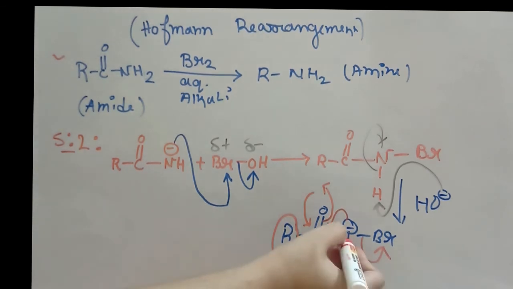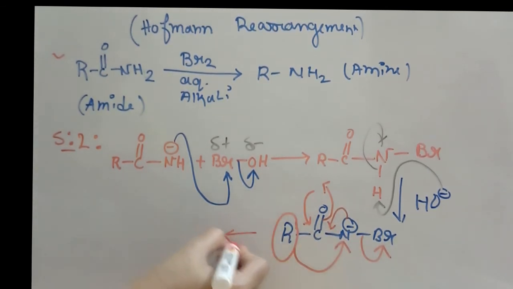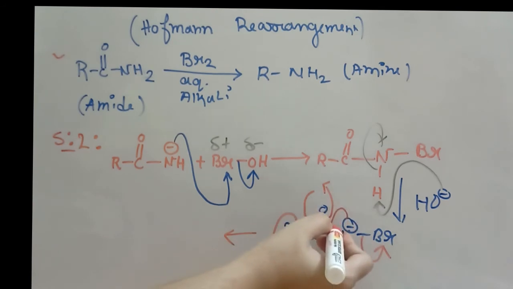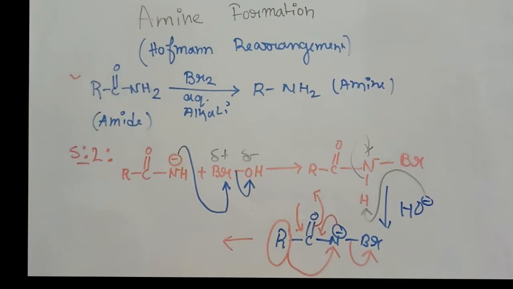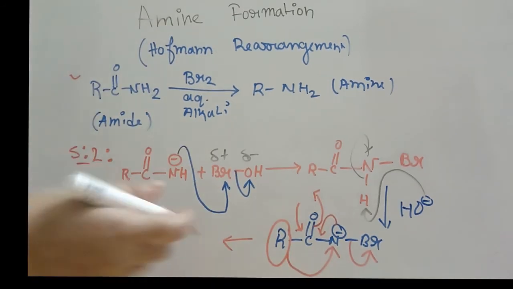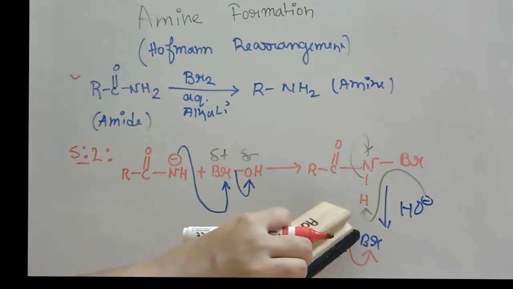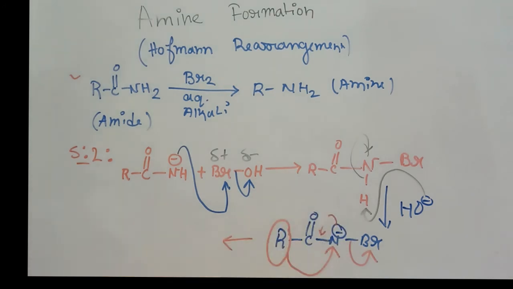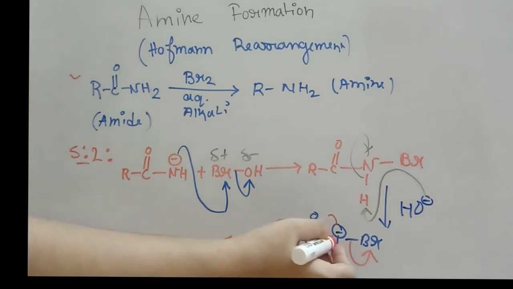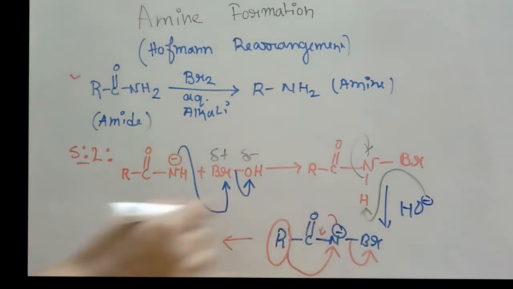So R is coming to nitrogen, the negative charge comes towards the carbonyl carbon. That means the negative charge comes towards carbonyl, the R group goes towards nitrogen, and bromine goes out.